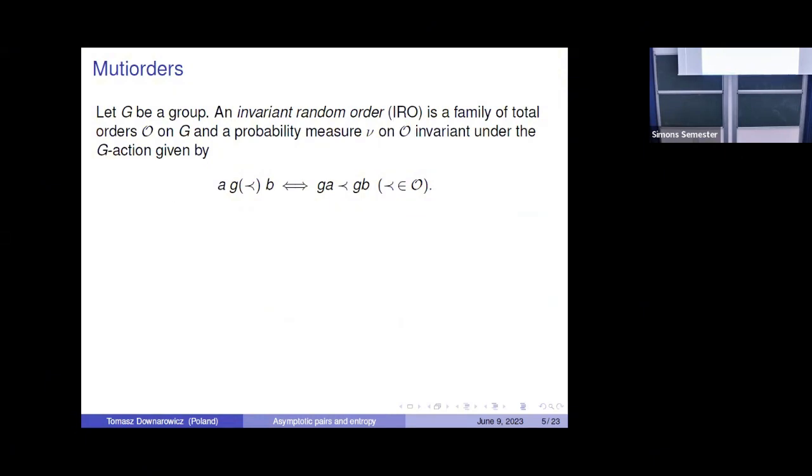So there is a notion of something that replaces an invariant order in a non-orderable group, and this is called an invariant random order. That is a family of orders, total orders, on which the group acts as follows. I call it pretz, because in LaTeX you write \pretz.